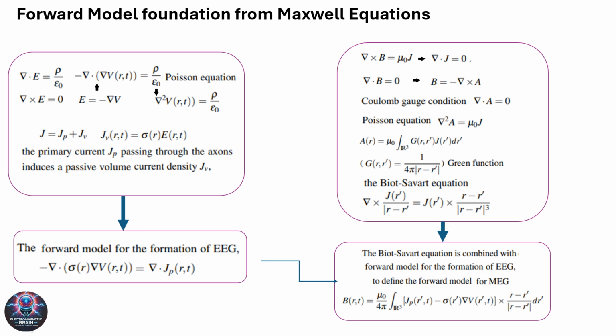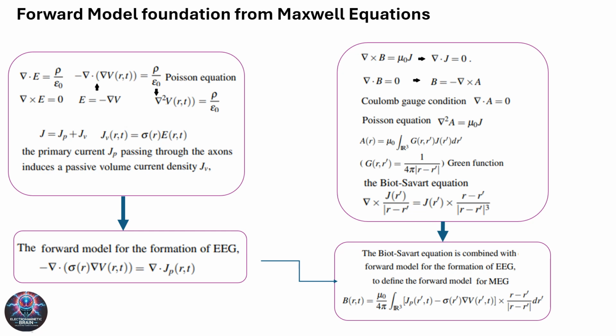For the magnetic field, as you can see in the right side formulation, we use Maxwell's equations where the curl of the magnetic field B is equal to the permeability μ0 times the current density J, and the divergence of B is 0. From this, we derive the magnetic vector potential A using the Coulomb gauge, leading to Poisson's equation for A, ∇²A = μJ.